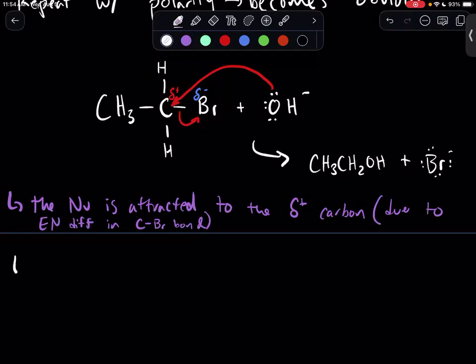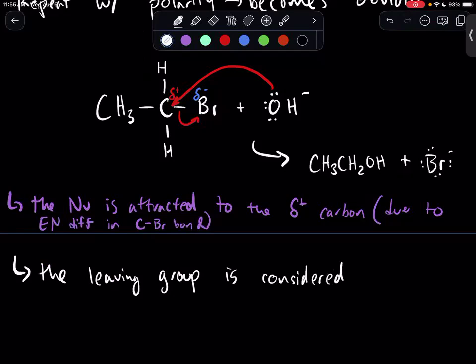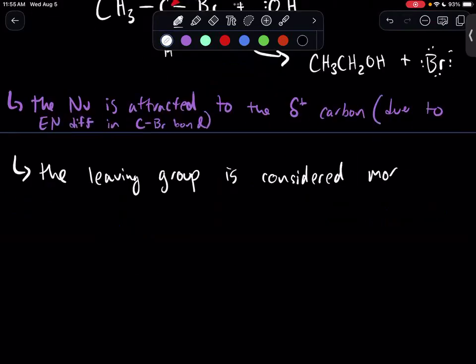Now, a couple things about these types of substitution reactions. The leaving group, so in this case, the bromide ion, is considered more stable than the nucleophile.